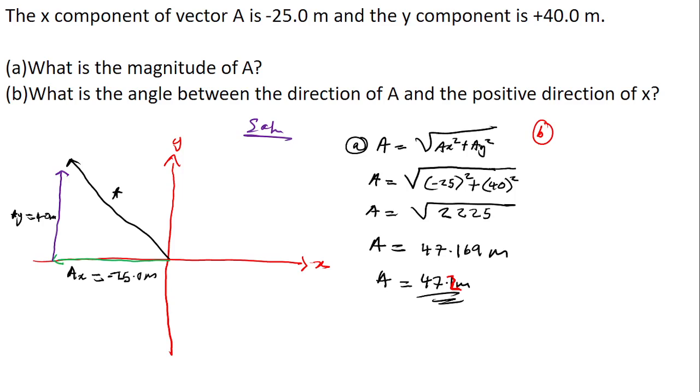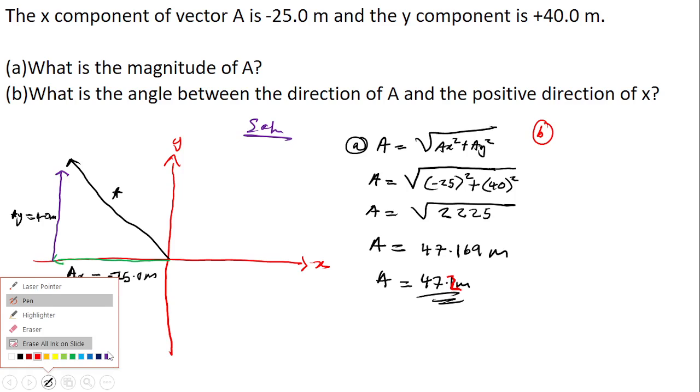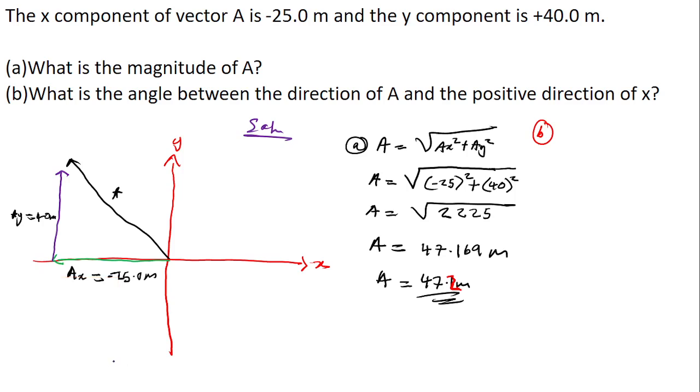Since it's a negative and it's squared, you just say 25 squared. So that's why you're making a mistake. Yes, put brackets, squared, then you say plus 40 squared.